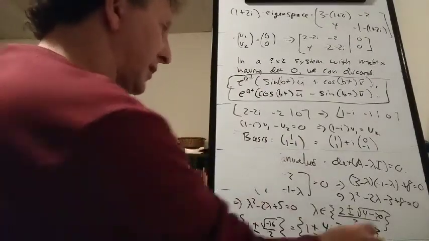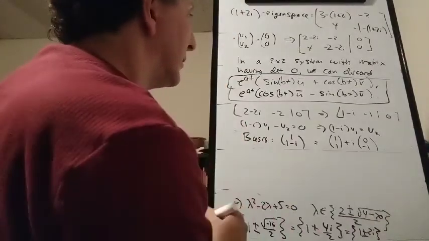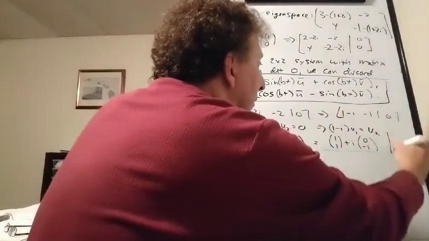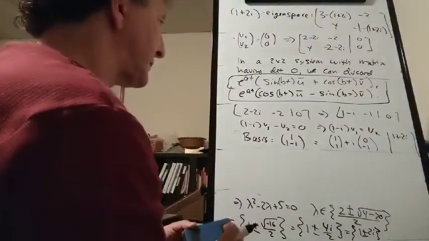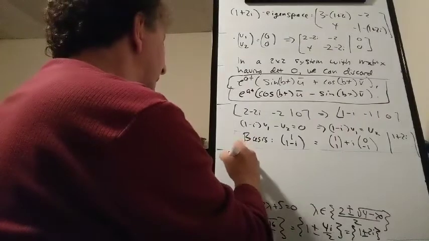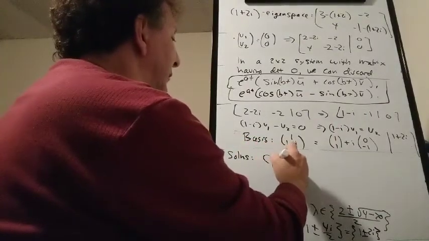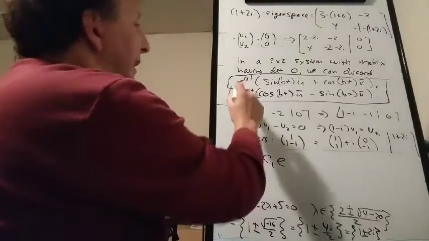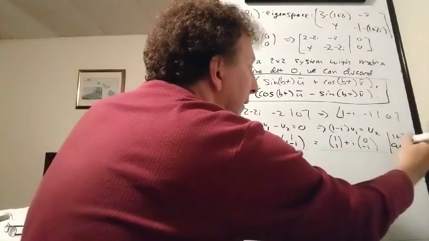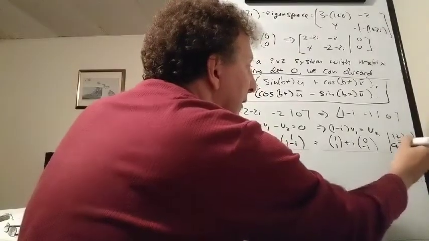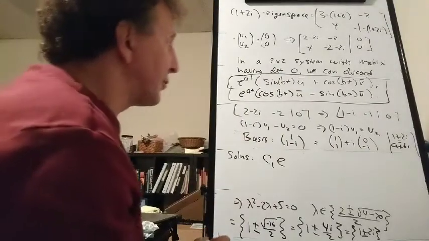Alright, now 1 plus 2i is the eigenvalue. So the solutions are anything we want times e to the at. a is 1, and then 2 is going to go in the trig function parentheses.